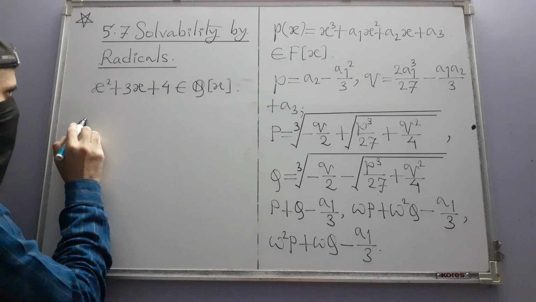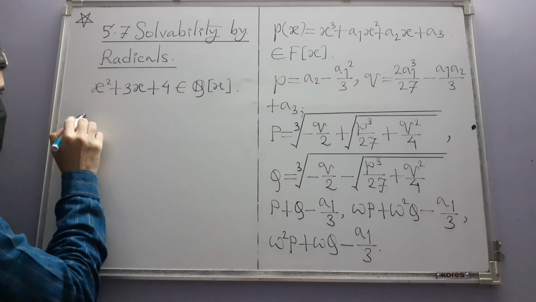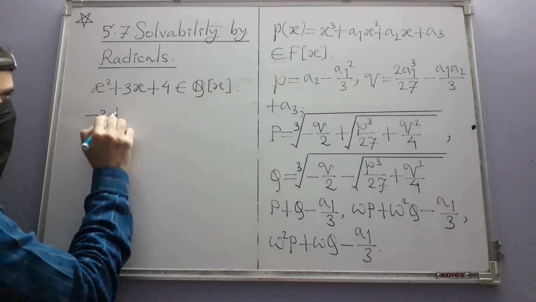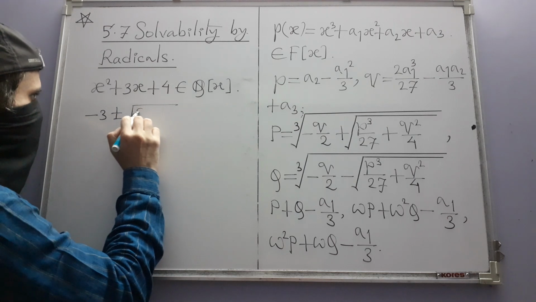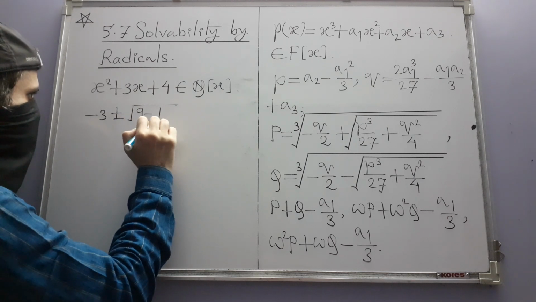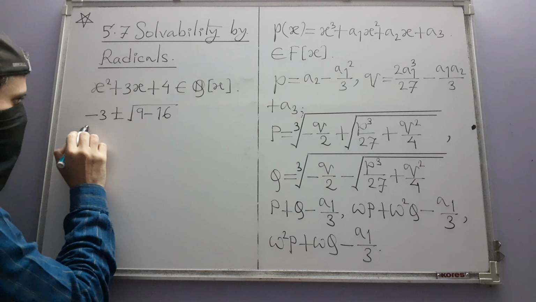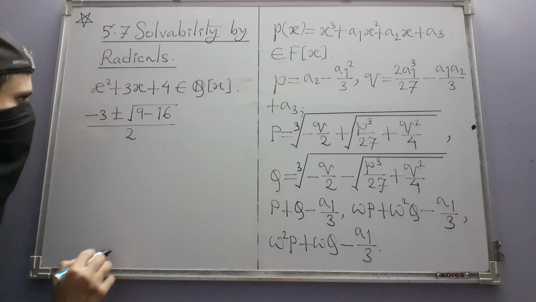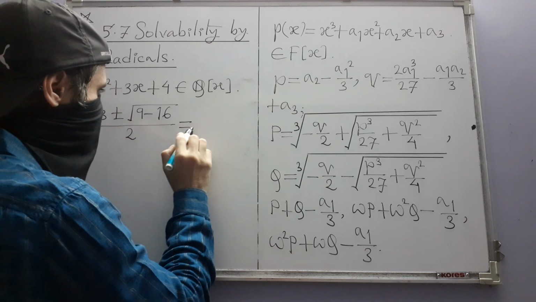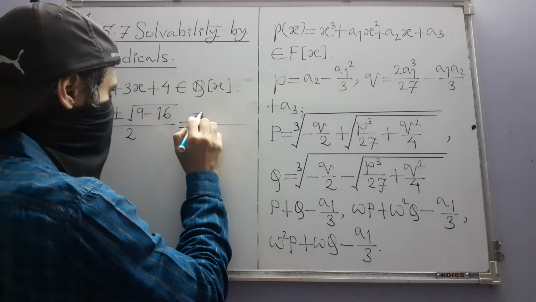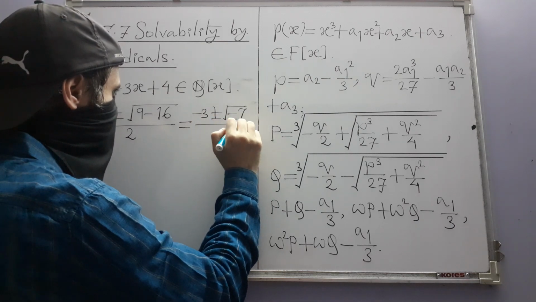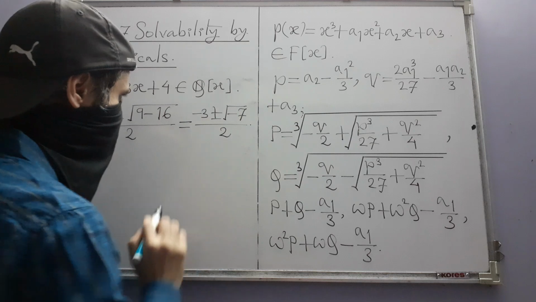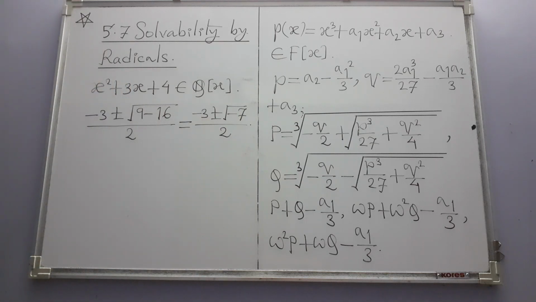If you just simply use the quadratic formula, minus b plus or minus root of b square minus 4ac, that means 9 minus 16, divided by 2a, so 2. That means the roots are minus 3 plus or minus square root of minus 7 divided by 2.